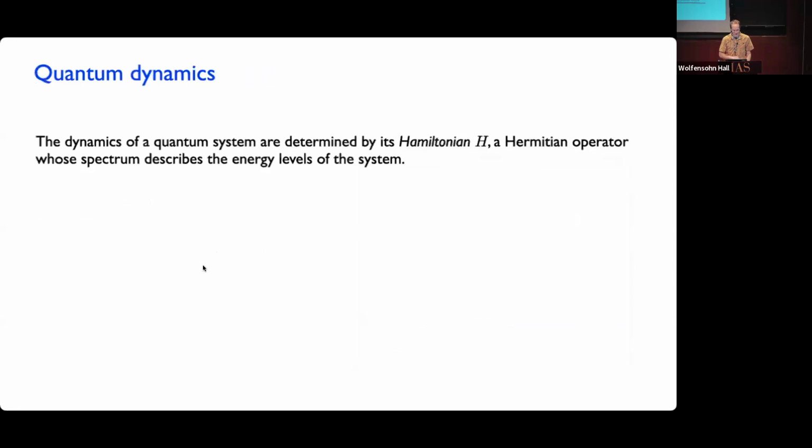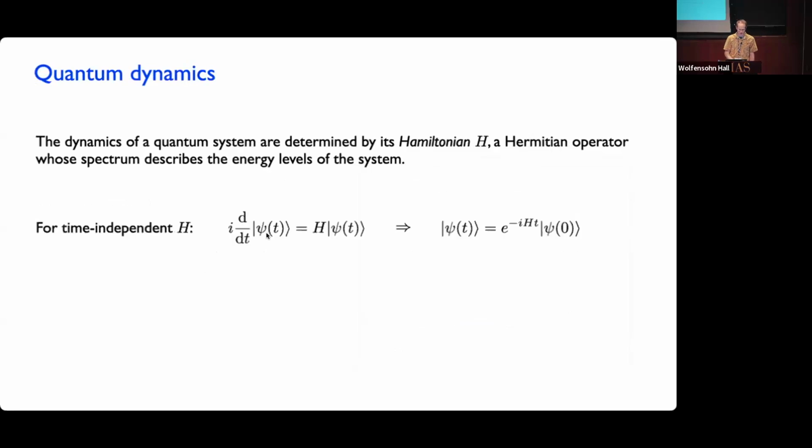Okay. All right, so what is the problem that we're trying to solve? Well, it's really just understanding what the dynamics of the quantum system are, which are, of course, determined by its Hamiltonian. I guess this concept is very familiar to this group. In most of the cases that we're going to think about, we have a time-independent Hamiltonian, and then the evolution is very simple. It's just given by e to the minus iHt, where H is the Hamiltonian.